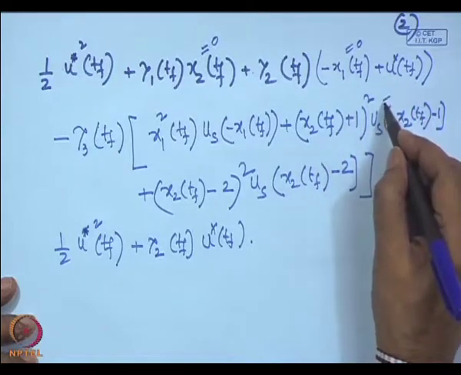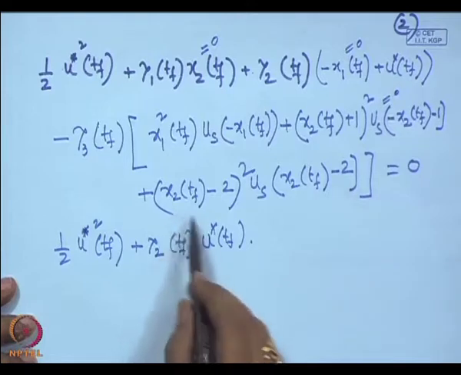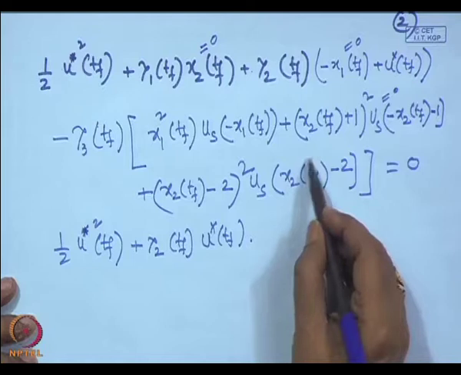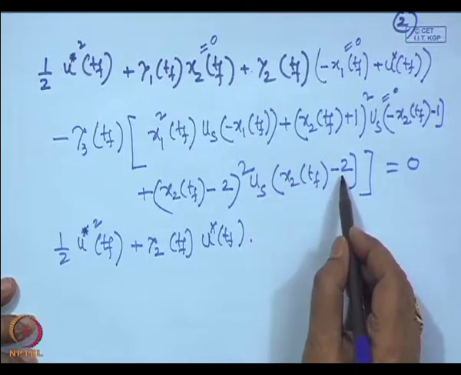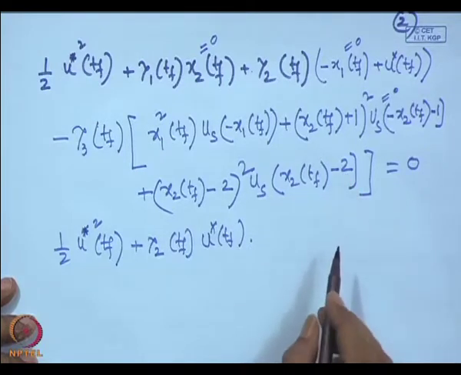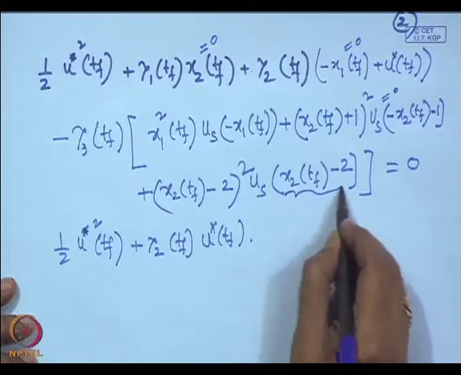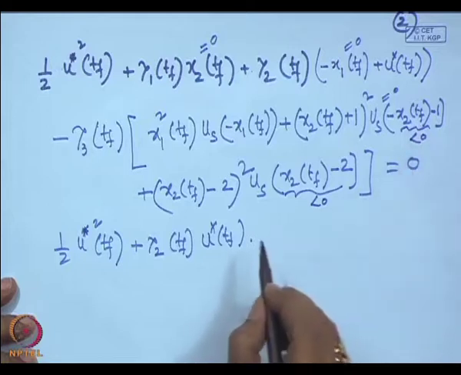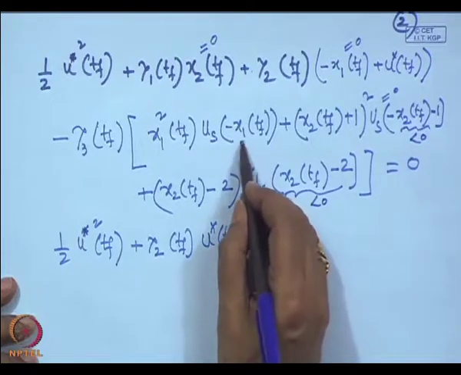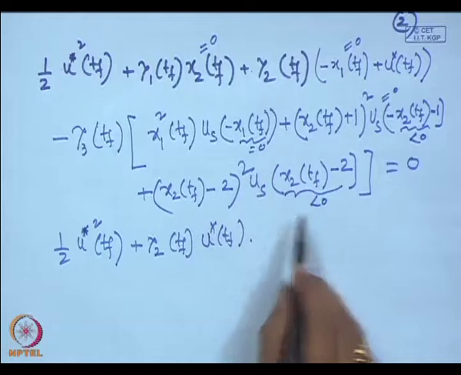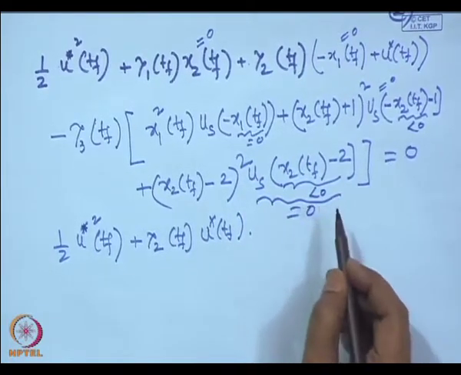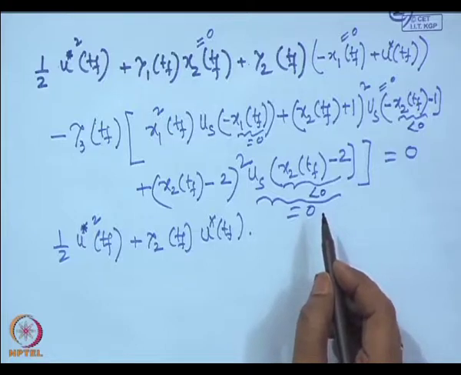This is 0, agree, and this is not 0, x T f is 0, but this value is also 0, but there is a minus 2 term. So, if you see this quantity is less than 0, this quantity also less than 0, and this quantity is 0, this quantity is 0. So, the whole part will be 0.